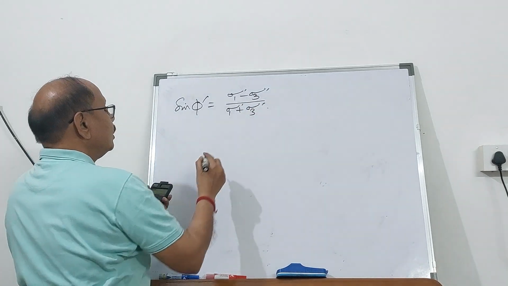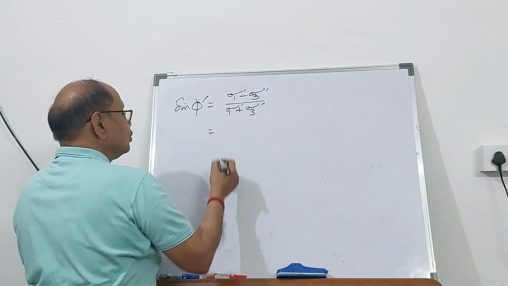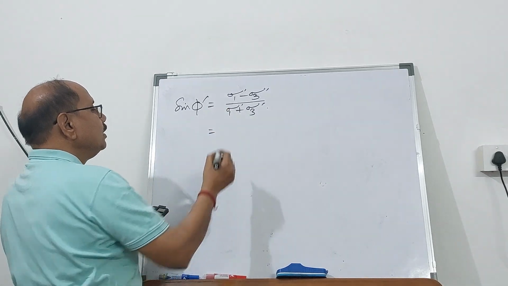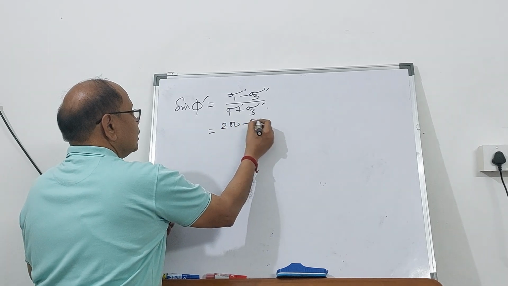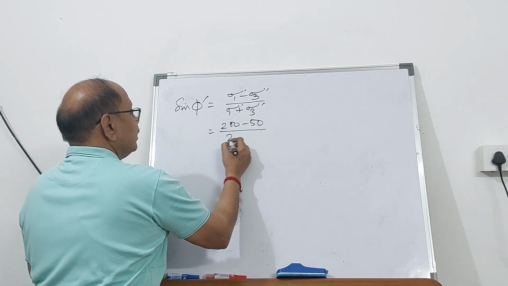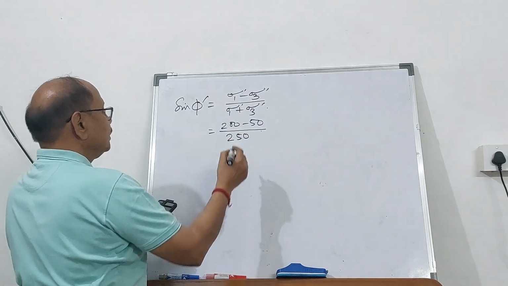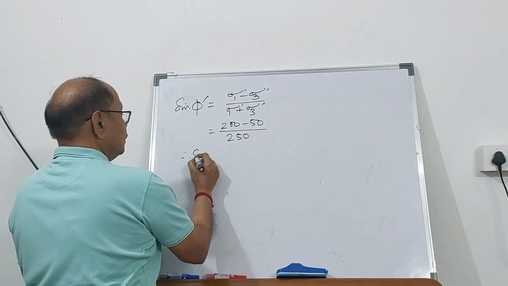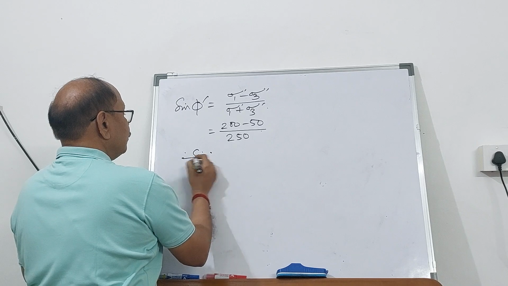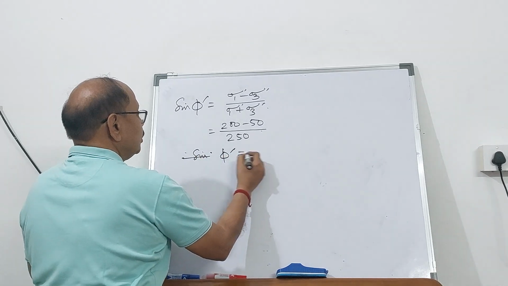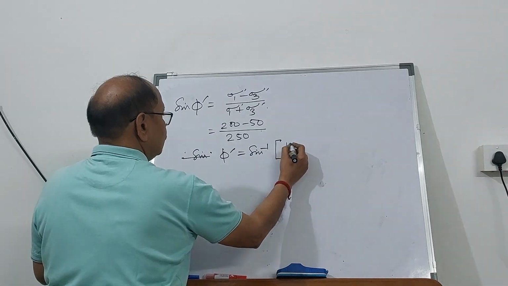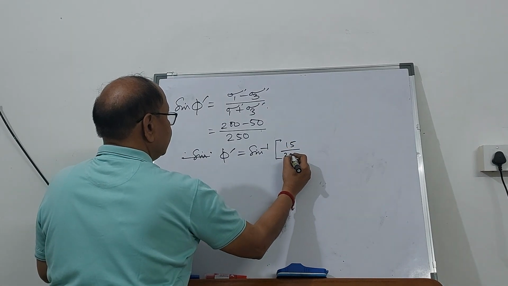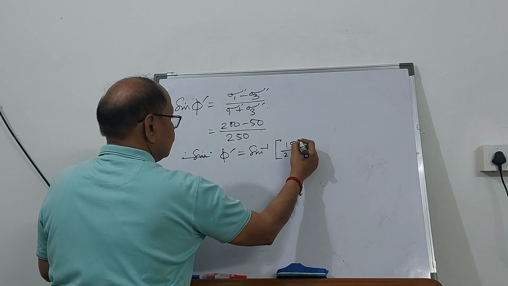If you calculate using this for the previous problem, sigma 1 is 200, so 200 minus 50 divided by 250. Therefore, phi prime equals sine inverse of 150 divided by 250.